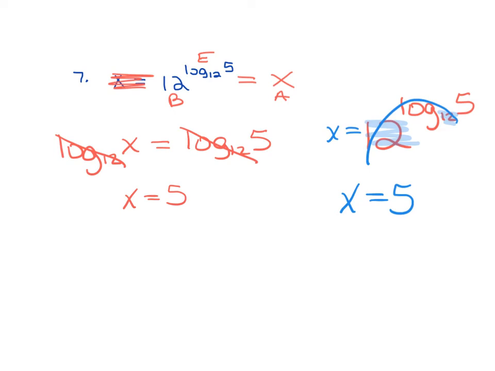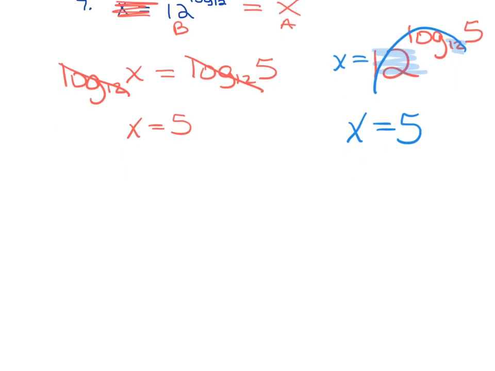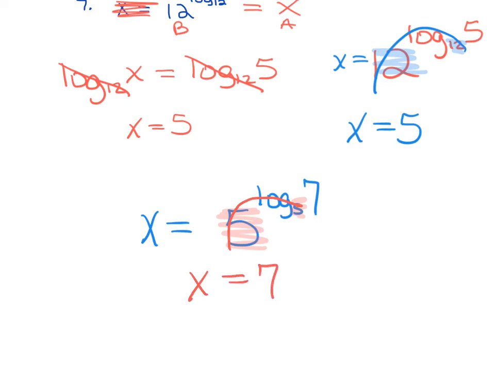So whenever the base of the exponent is the same as the base of the log, they're going to cancel each other out. Let me show you another example of it. So let's say it's x equals 5 to the log base 5 of 7. Whenever the base of this exponent is the same as the base of the log, it cancels, and I'm left with x equals 7. Yes? No. Next week.